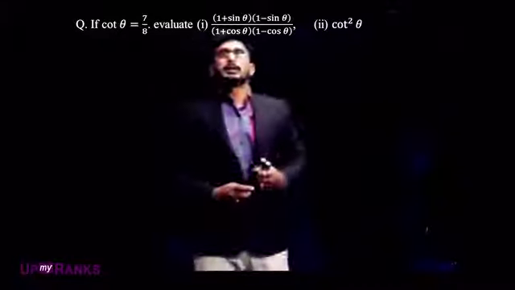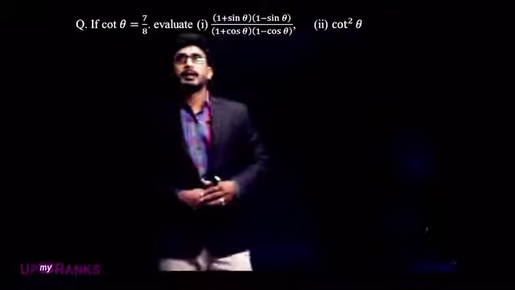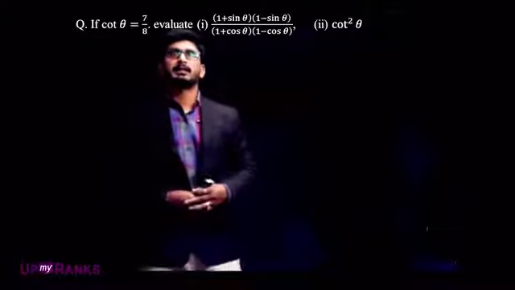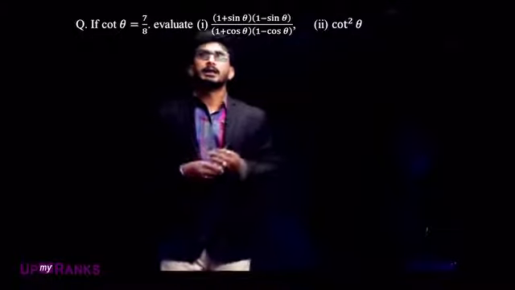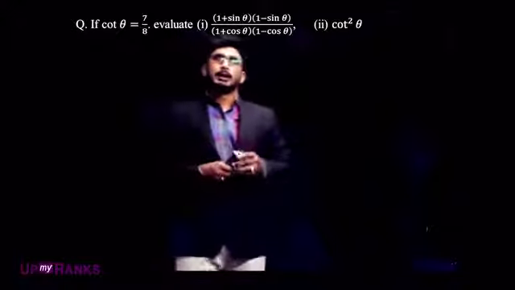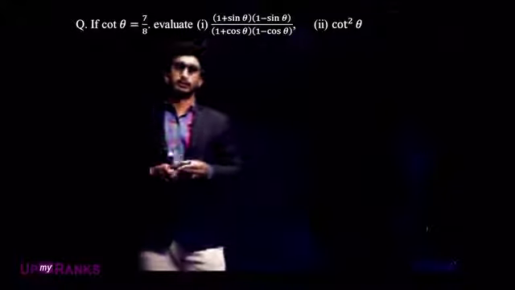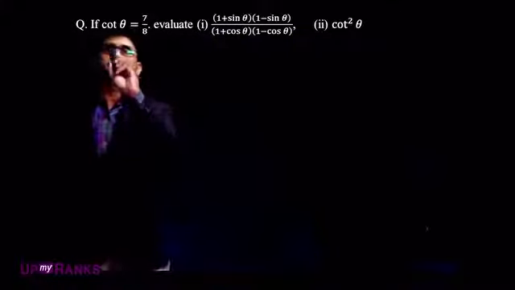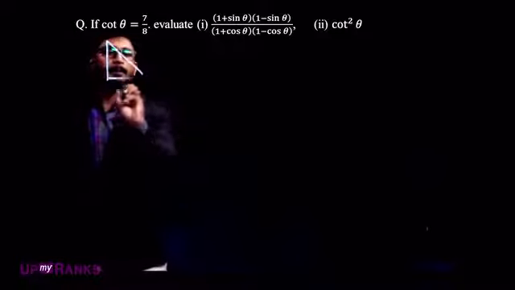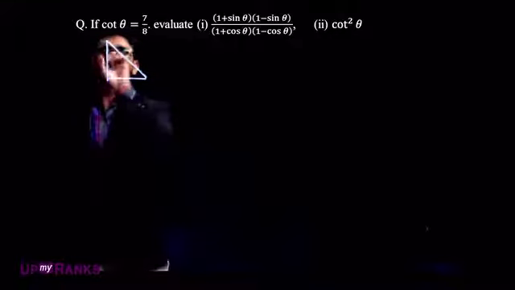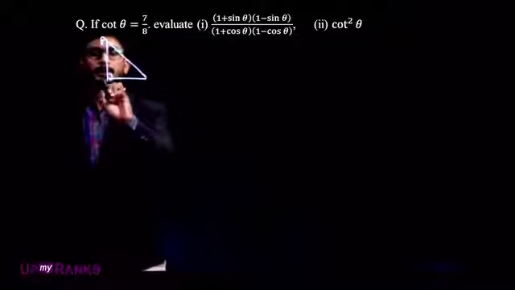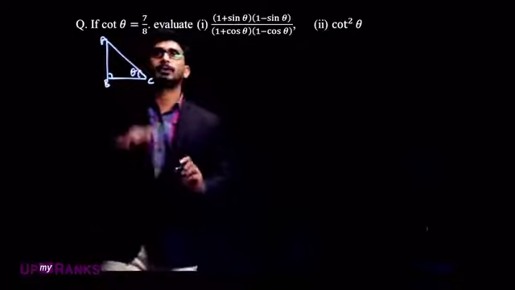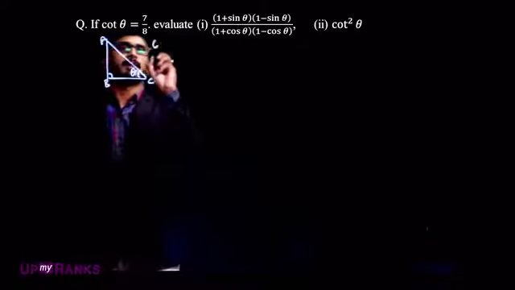The question is like this: if cot theta is equal to 7 by 8, evaluate (1 plus sin theta) into (1 minus sin theta) divided by (1 plus cos theta) into (1 minus cos theta), and you also have to find cot square theta. Before doing that, let us find all the sides of the right angle triangle, because we have only cot theta equal to 7 by 8.